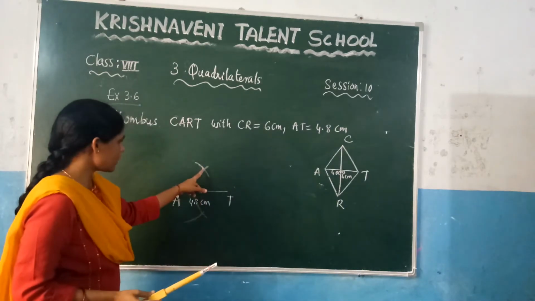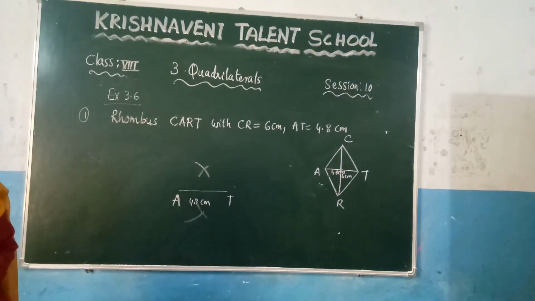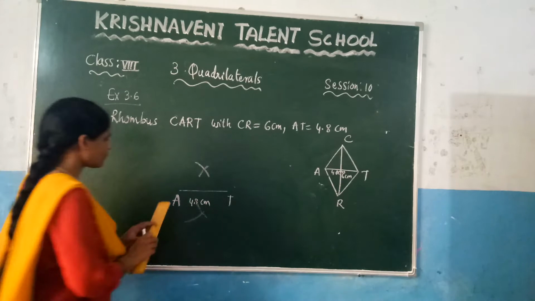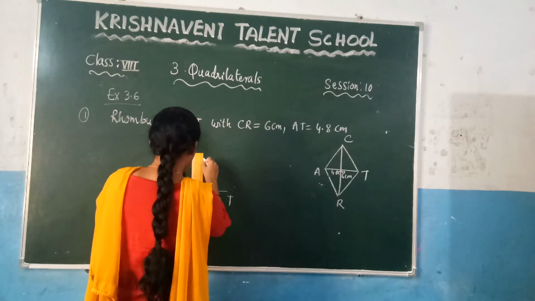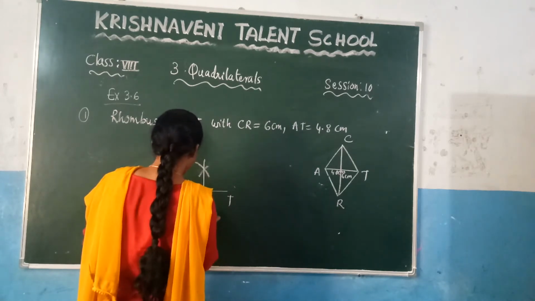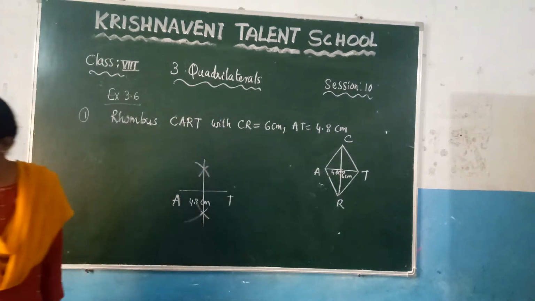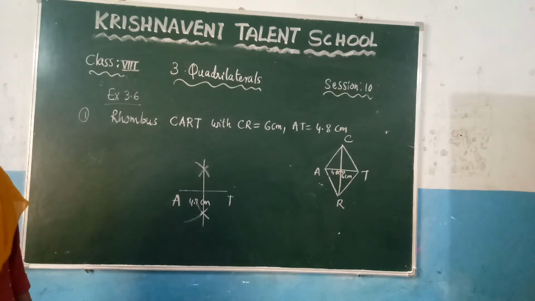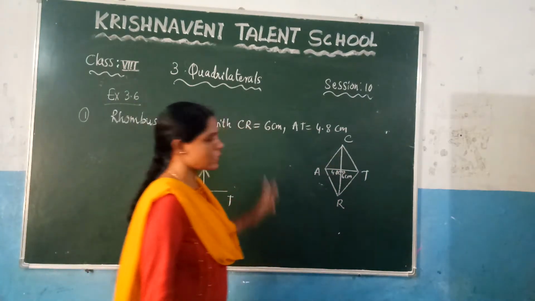Now you can observe that you got two intersection points. Now join that. So here we have constructed the perpendicular bisector. Now you know that the length of CR is given as 6 centimeters.